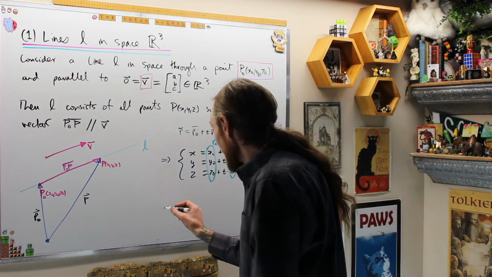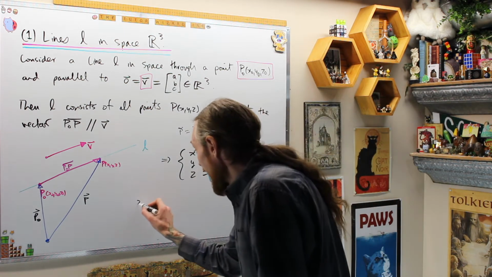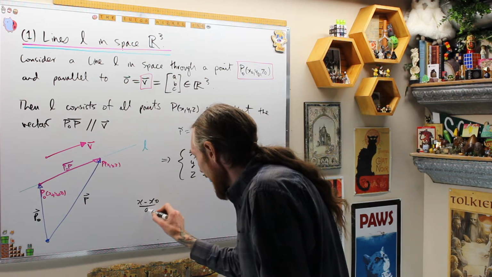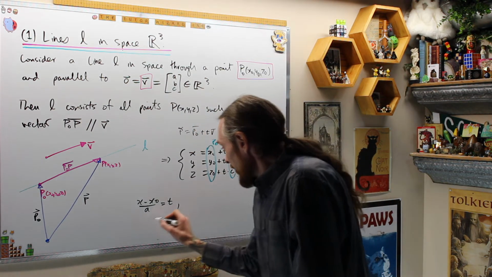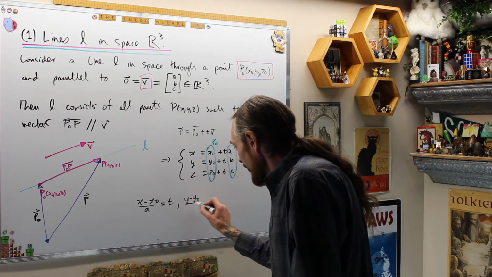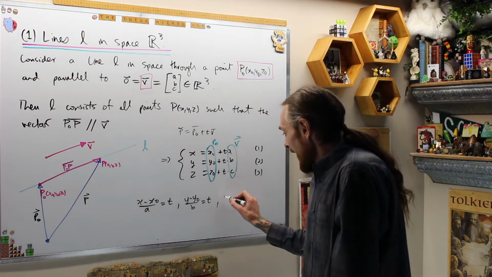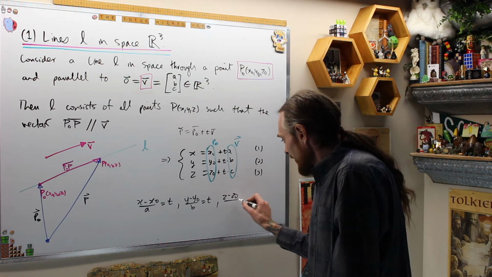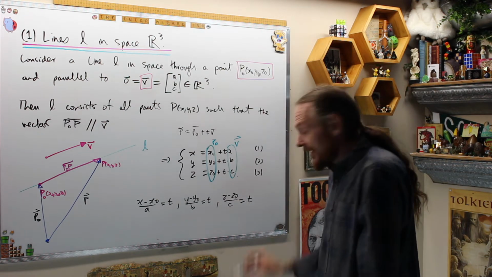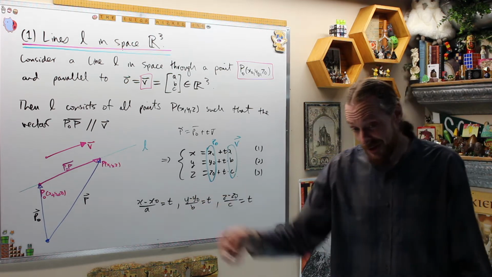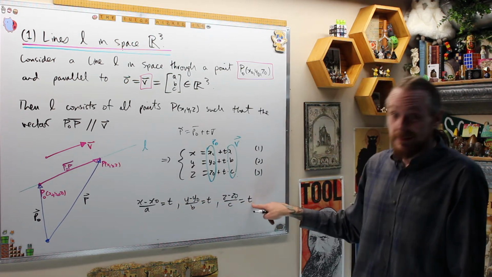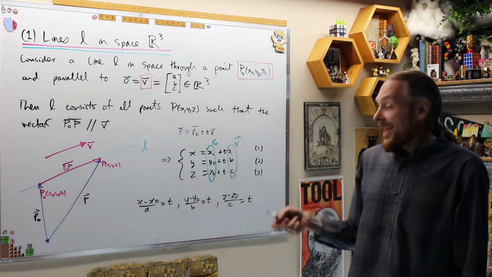Now this is going to say that (x minus x naught) over a is equal to t, and (y minus y naught) over b is equal to t, and (z minus z naught) over c is equal to t. And now Hypatia says if two things are equal to a third thing, they themselves are equal to each other. So these things are all equal to t, so they're all equal to each other, and we get rid of the t.